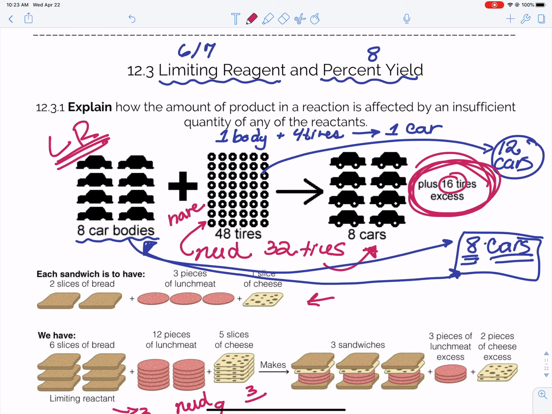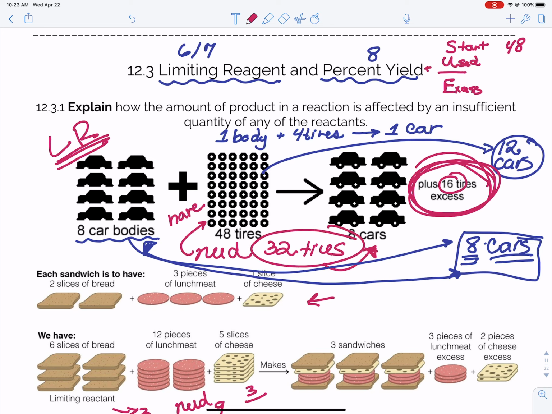Anytime that we're asking for excess or leftover, those two mean the same thing, I'm always going to use this little mnemonic device. S stands for start, U stands for used, and E stands for excess. In this case, I started with 48 tires. How many did I use?